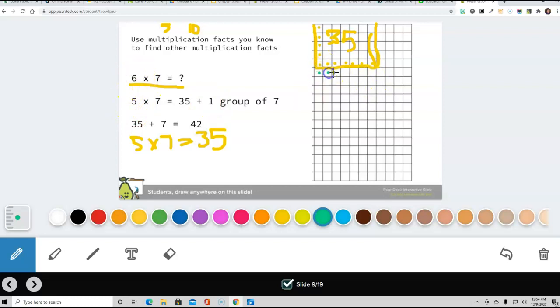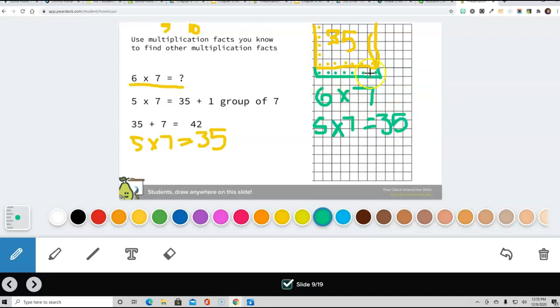So 1, 2, 3, 4, 5, 6, 7. So I'm going to add that extra group on. So that is the 6 times 7. So I'm going to say 5 times 7 is 35.